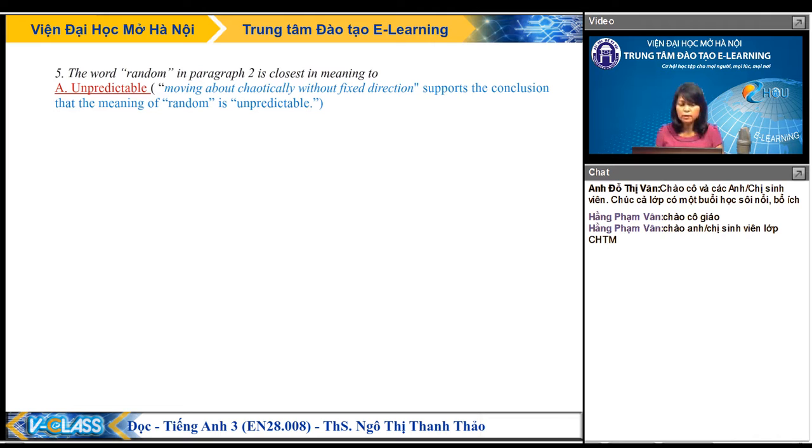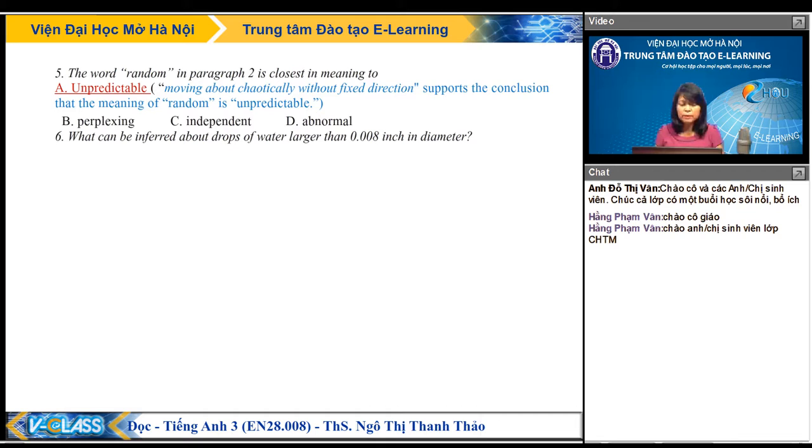Look at the sentence here, the clue: moving about chaotically without fixed direction. So you see unpredictable here, without fixed direction. So we can find the meaning of the word random here means unpredictable, not in a fixed direction. Right? Next one.